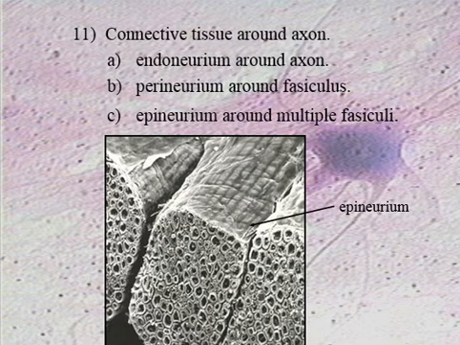And then finally, over the top of the whole nerve, all of those fasciculi wrapped together would be some connective tissue that we're going to call the epineurium. So when you were looking at the sciatic nerve on the cat, what you were seeing was the epineurium that was bundling up all of the thousands of axons that were inside it.